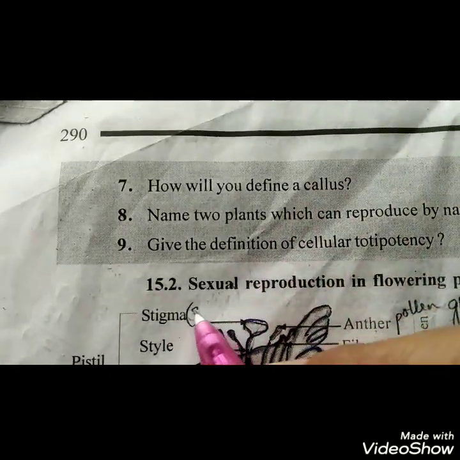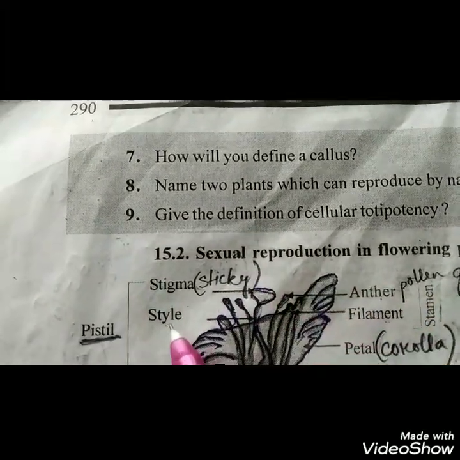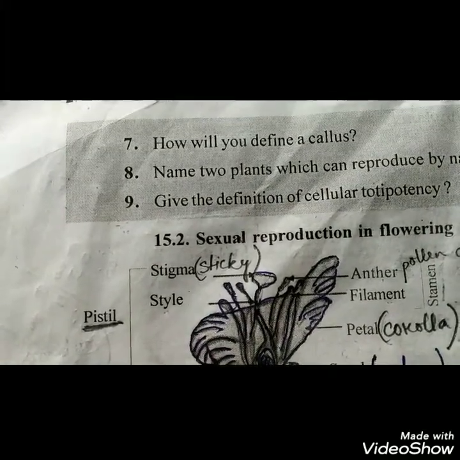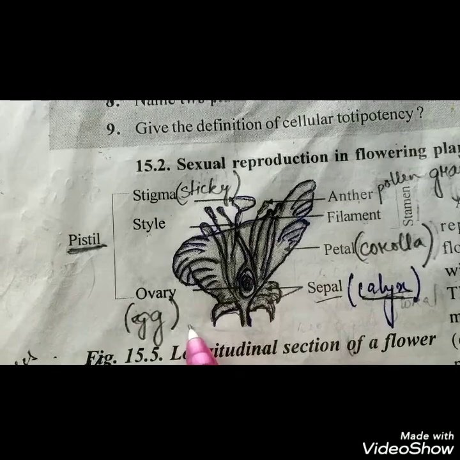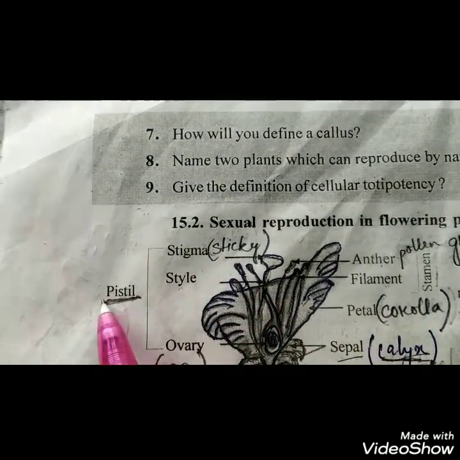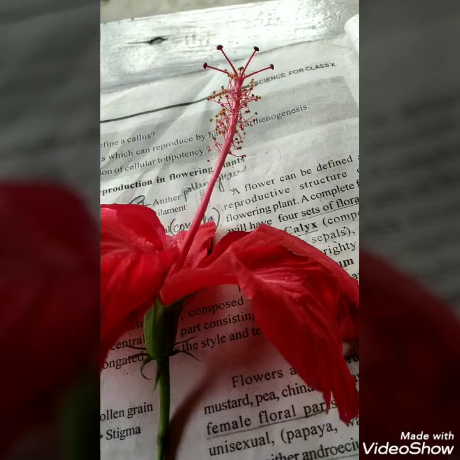The stigma is sticky in nature. The style is the elongated part, and inside the ovary, eggs are present. This whole structure is called the pistil, which makes up the gynoecium.